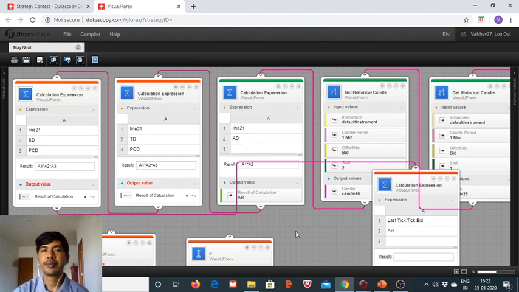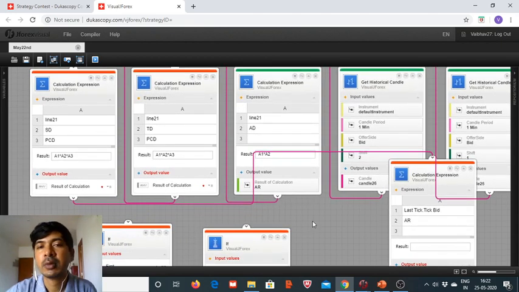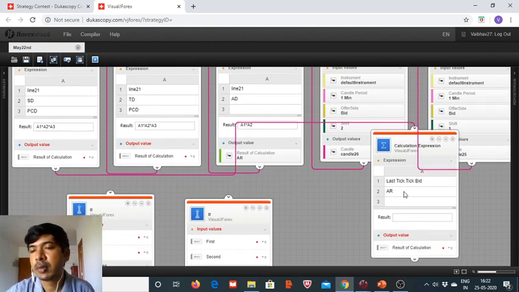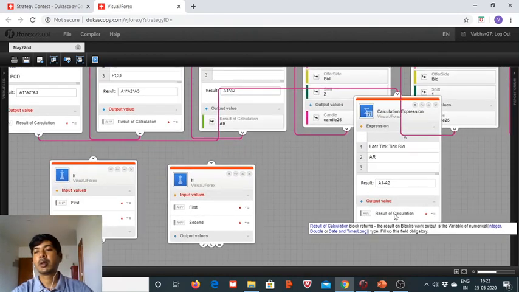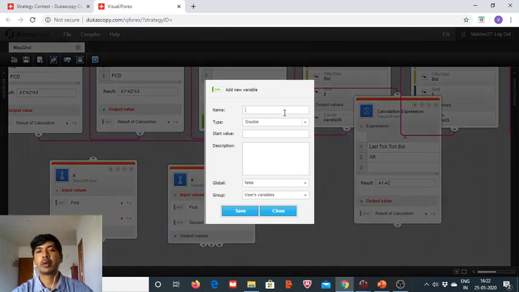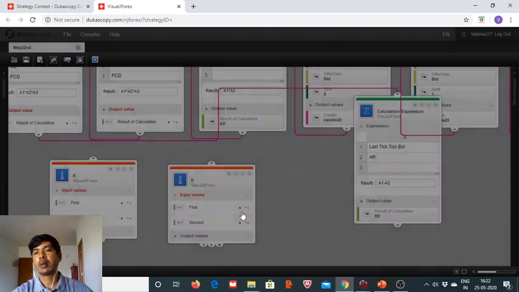So here we will now need to do A1 minus A2, and this will be the buy entry point, BE.